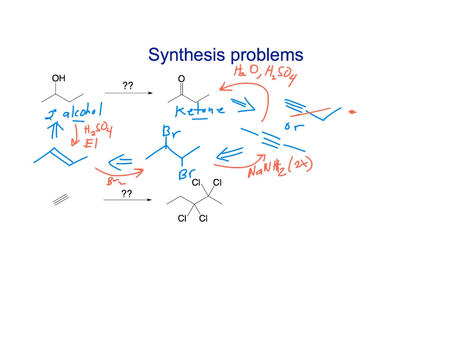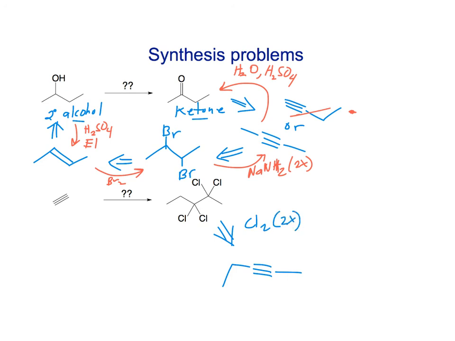All right, what about the bottom one? We're again now going from acetylene to that tetrachloro compound. So let's do retrosynthesis. This isn't too bad. The only way we could get 4 chlorines on at once is to start with an alkyne and add chlorine 2 times.